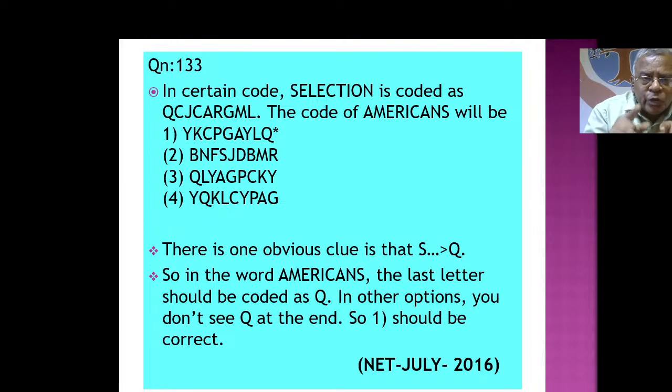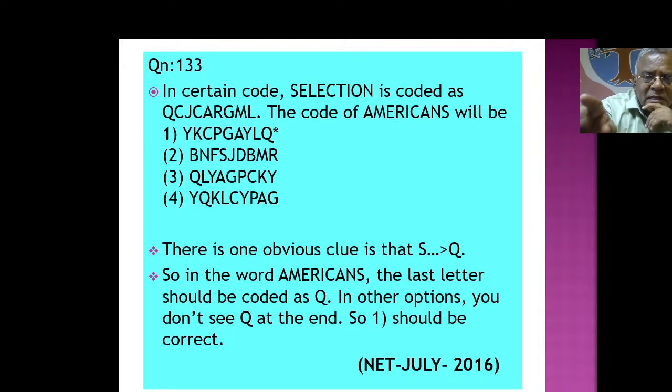You must see Q at the end because in AMERICANS, S is the last letter, and the code given for S is Q. So only one possibility, option 1. In the other alternatives, Q is not at the end.